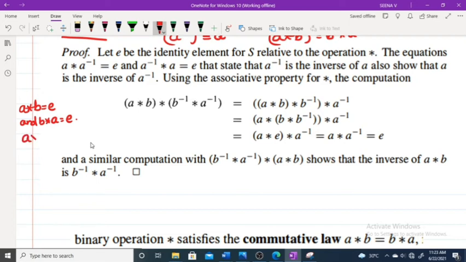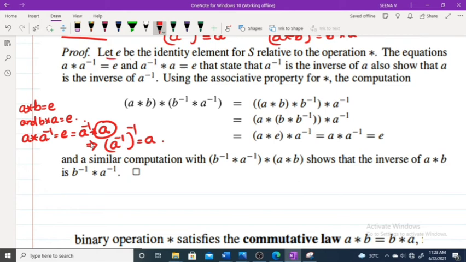That means A star A inverse equal to E equal to A inverse star A. That means A inverse star A equal to E equal to A star A inverse. That means A is the inverse of A inverse. From this we get A inverse inverse is equal to A.